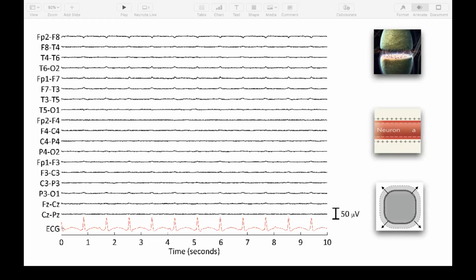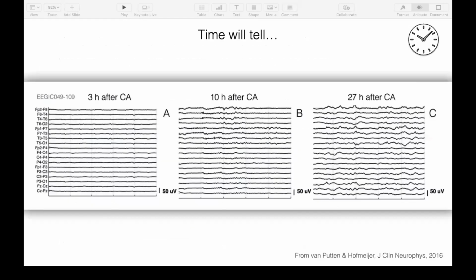However, we can buy time, and then the EEG will provide us, hopefully, with information about the underlying structures that have become damaged. Indeed, time will tell. And this is an example of a patient already recorded several years ago, showing 3 epochs of an EEG: 3 hours, 10 hours, and 27 hours after a cardiac arrest, showing a relatively favorable evolution of the EEG.